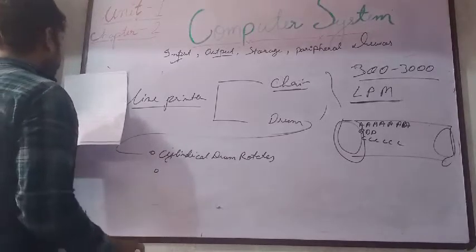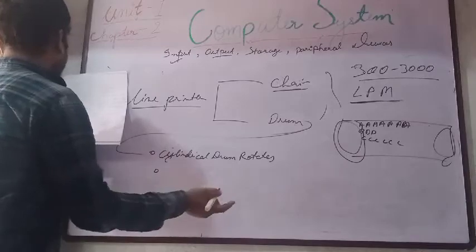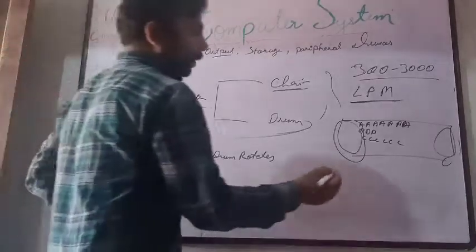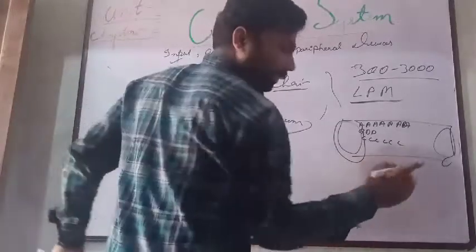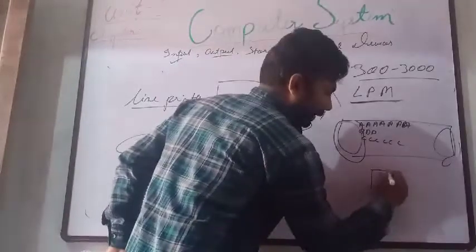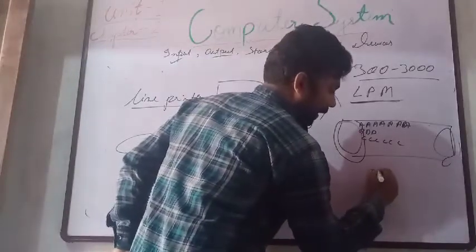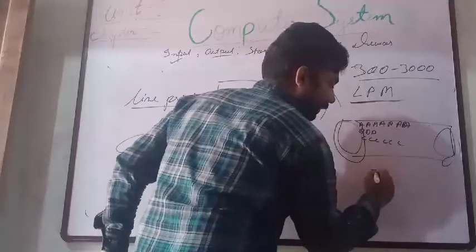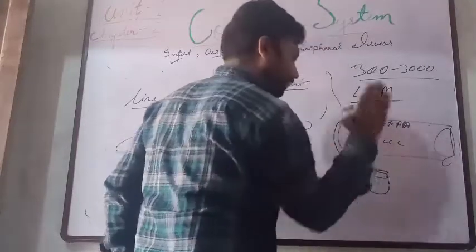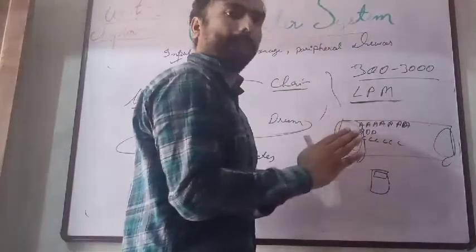Second point, the hammer strikes the character at the position. Now the hammer, as I have told you, also has a picture in the book. It is in this shape, and in front of the hammer there is a pointed object which hits over the page.